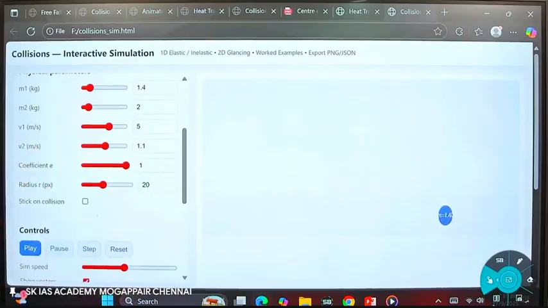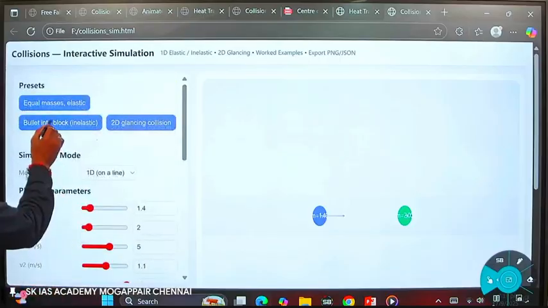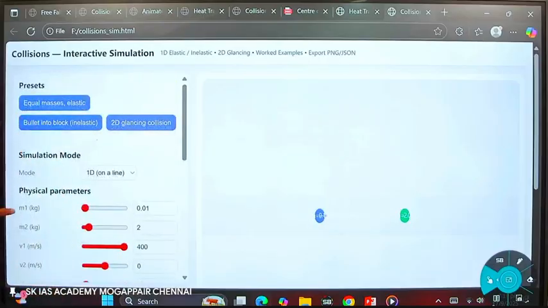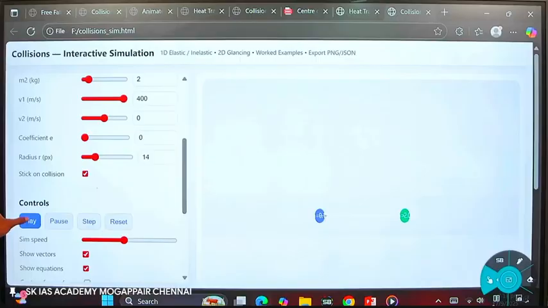Now second, you come to the inelastic. What is the inelastic? This is the inelastic.